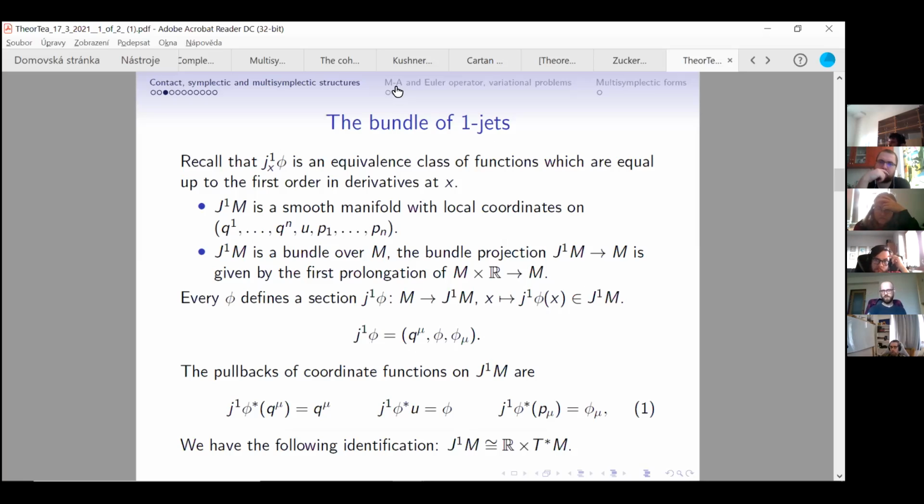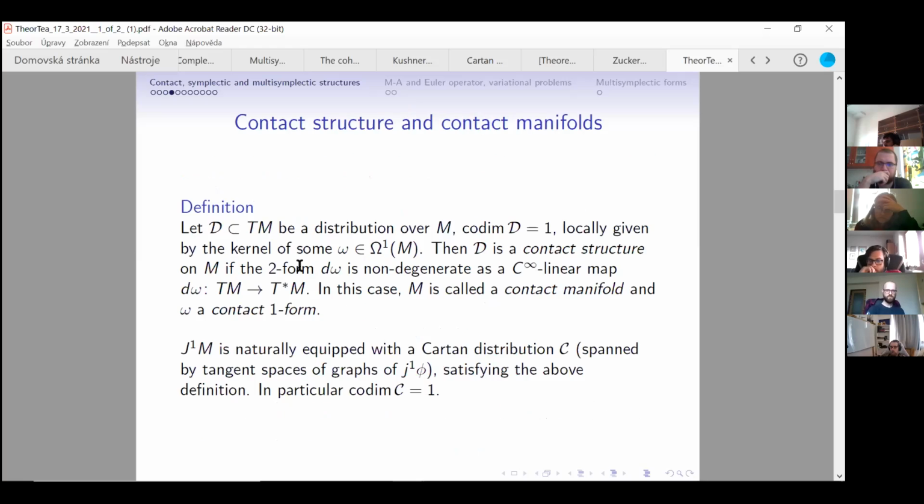But we don't need this naming, and we will see later on why. But MA stands for Monge-Ampere. Sorry for that if it is confusing. I hope it is not confusing too much.